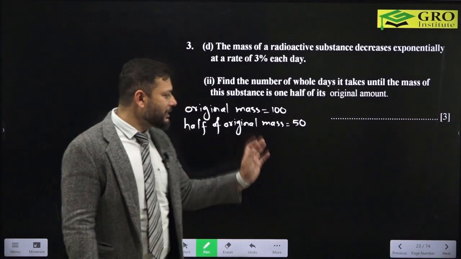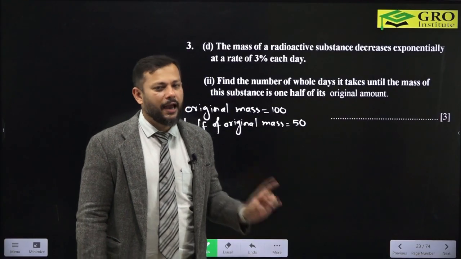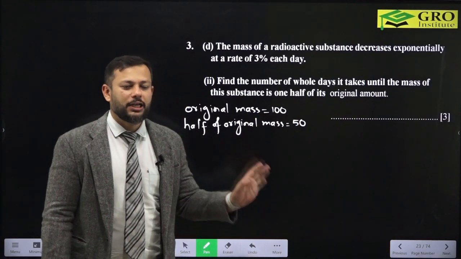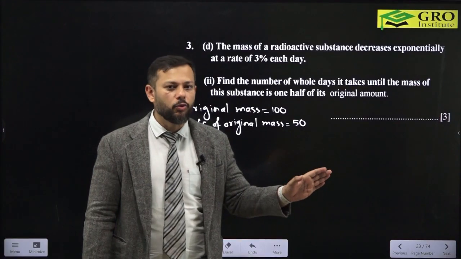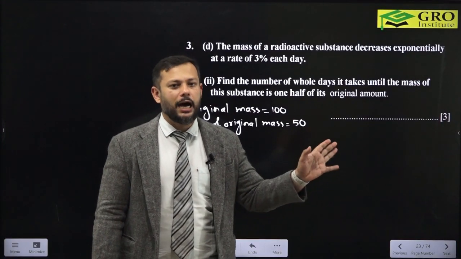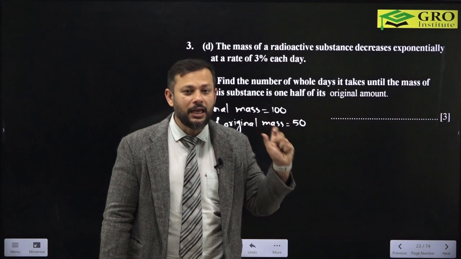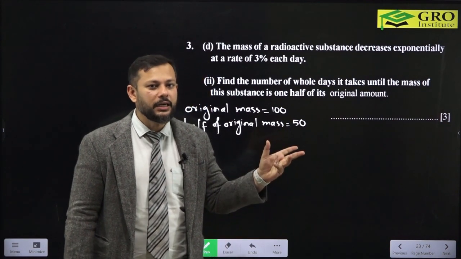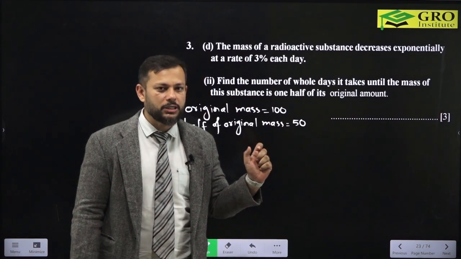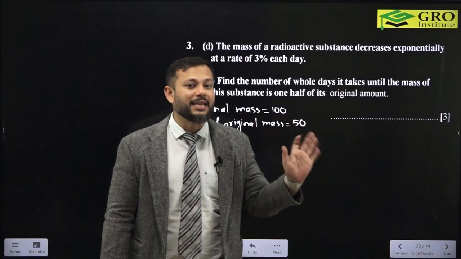So we know that the changed value is 50. And what is the formula that I just told you? Changed value is equal to original value multiplied with (1 minus r upon 100) raised to power t, where r is the change percent, rate percent of change I should say, and t would be the number of days, right?